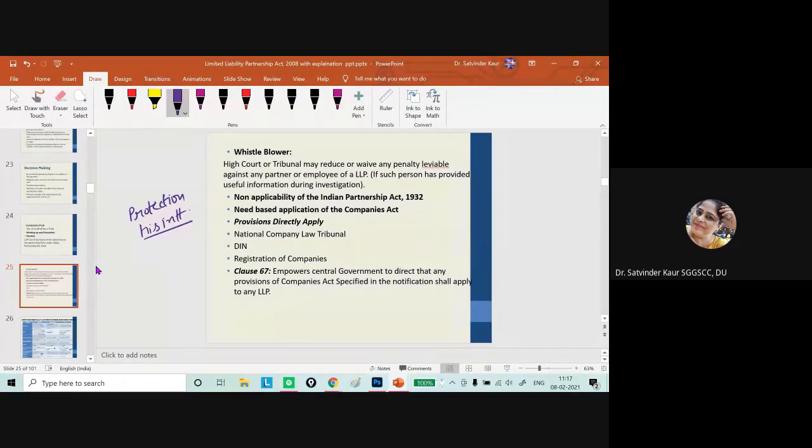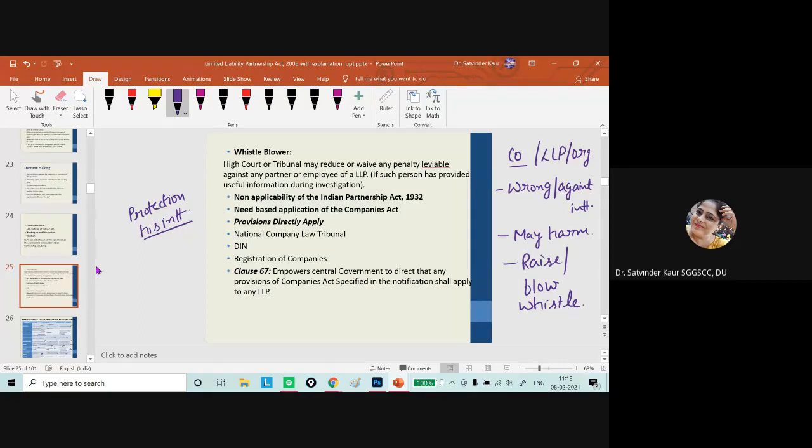So this whistleblowing provision has come from the concept that if a person is working in the company or in an LLP or in the organization, and something wrong or against the interest of any party is happening, which is unethical or not good for the organization, or which may harm someone, and you raise the alarm, you blow the whistle with respect to that thing going wrong.